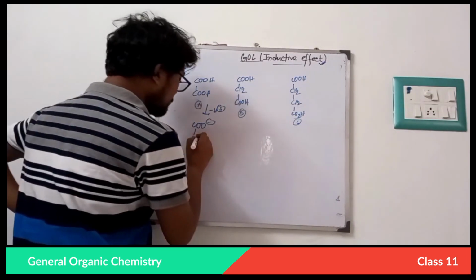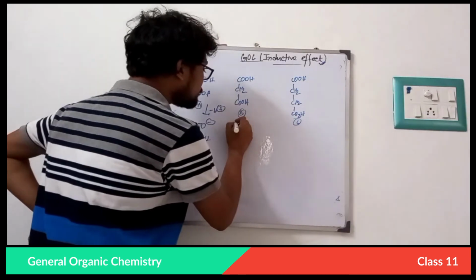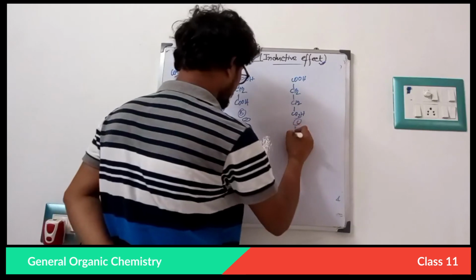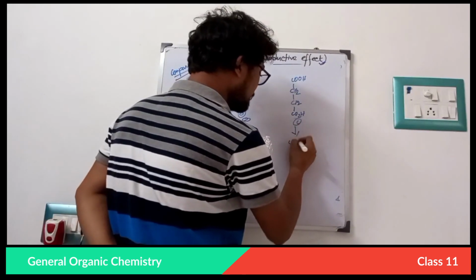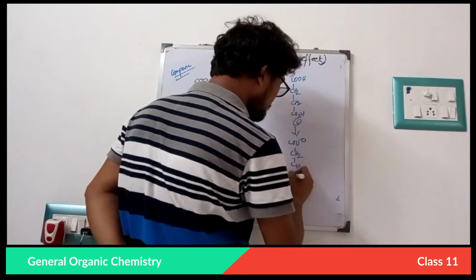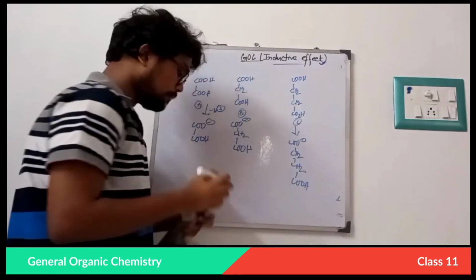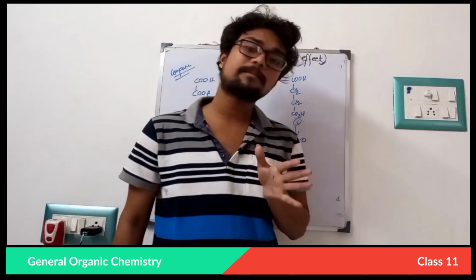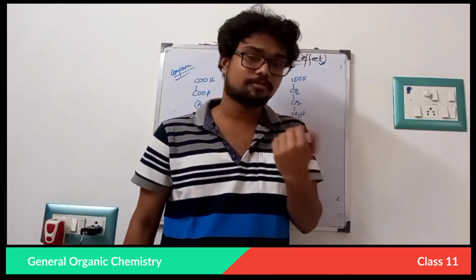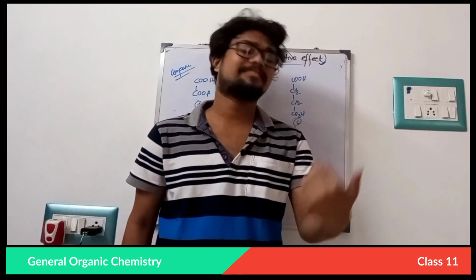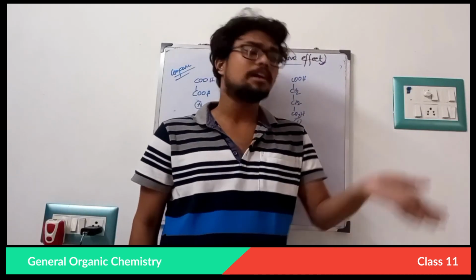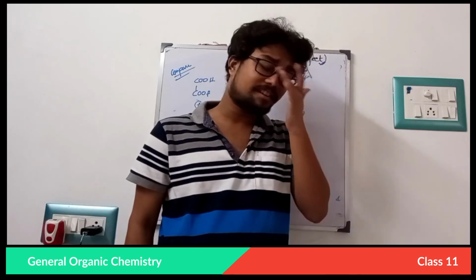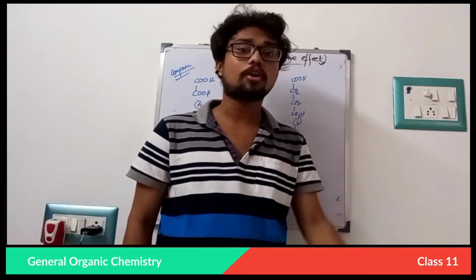This will be COOH and this will be CO minus, with a CH2 group and COOH. Now listen very carefully. I have told you inductive effect is practically applicable up to 3 atoms. That means the inductive effect, whether plus I effect or minus I effect, decreases with increasing distance. If the distance increases, the inductive effect also decreases.